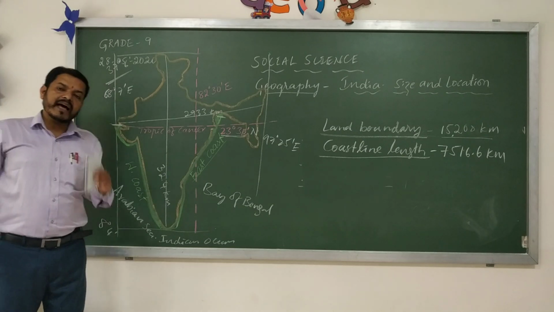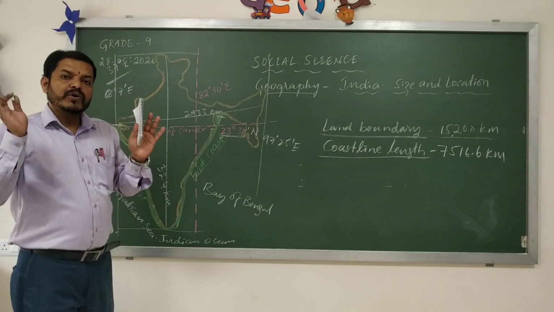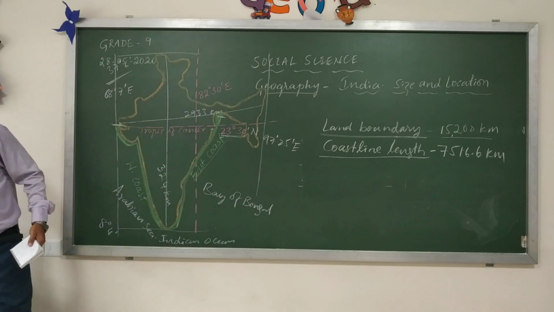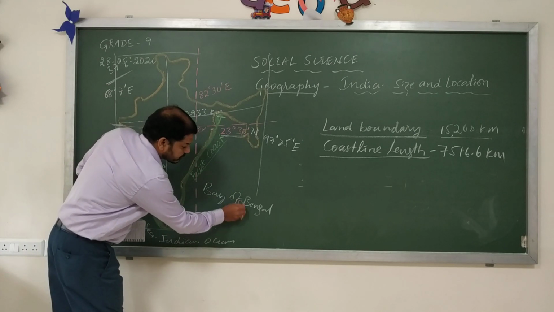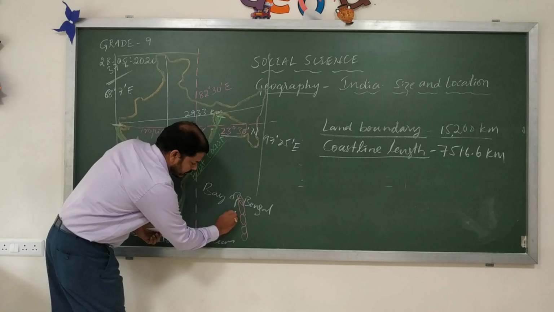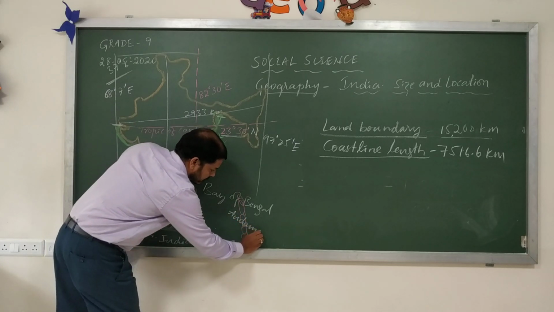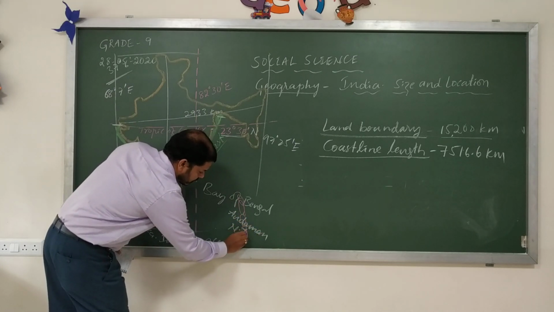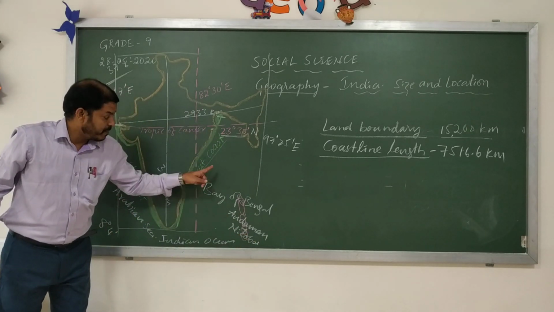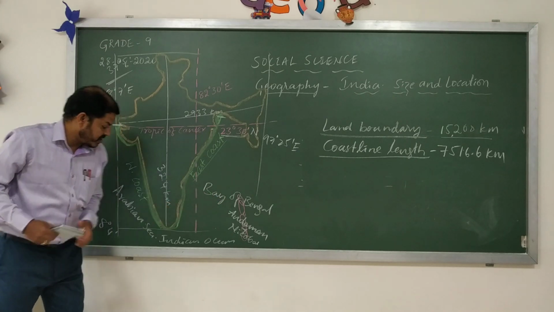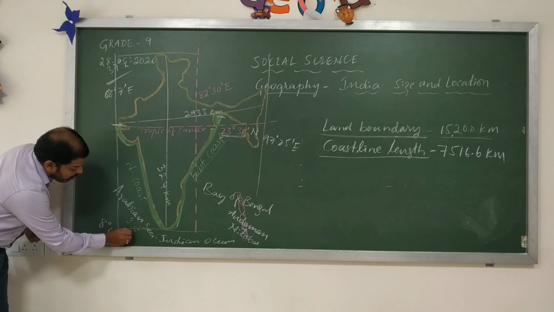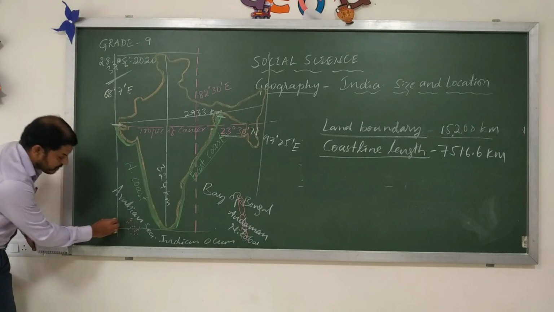Do you know, children, which island groups we have? We have two island groups. One is here in the Bay of Bengal, that is the Andaman and Nicobar group in the east, and we have many coral islands called Lakshadweep.